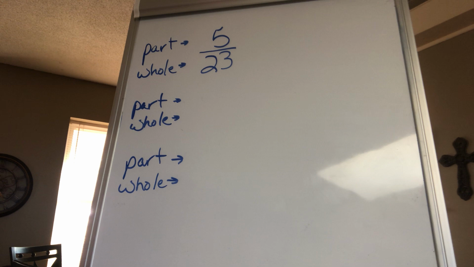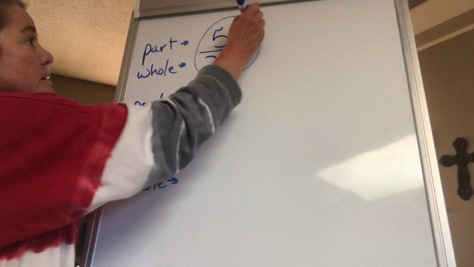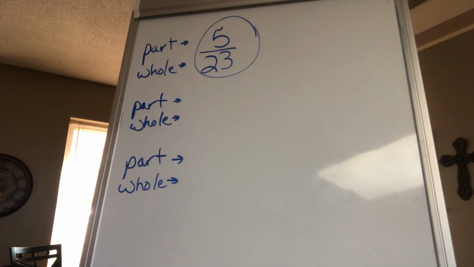And then we have to see, is there any number that I can divide 5 and 23 by and get 0 remainder? All right, we know 2 won't work because they're not even, and 3 doesn't, and 4 doesn't, and 5 doesn't. So I've made my way all the way up to 5, and there's nothing else. So I know that 5/23 is the simplified answer. 5/23 of the markers were black.